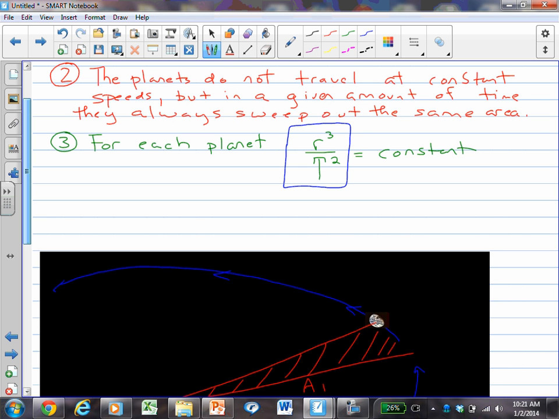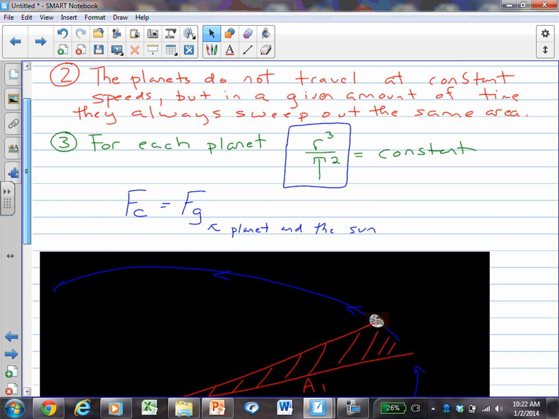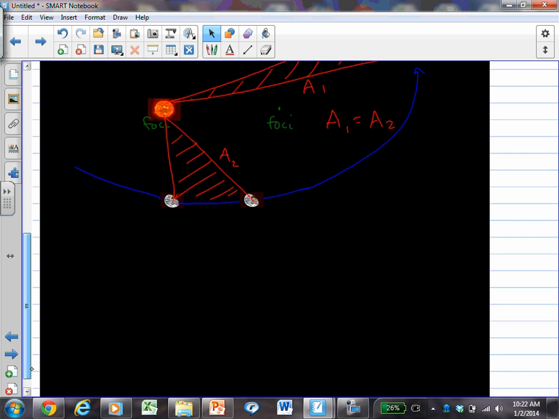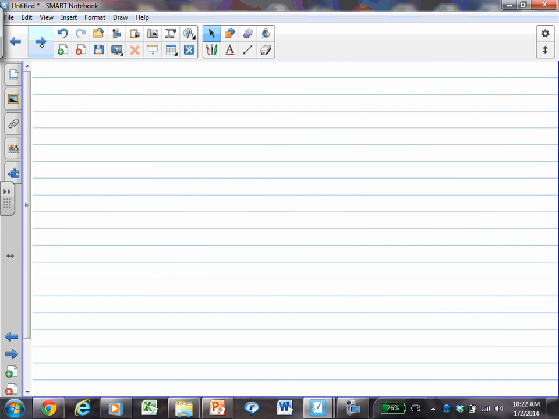He realized that it was based on the fact that the centripetal force keeping it, which is always a combination of other forces, was due to a gravitational force between the planet and the sun. So what was causing it to go around at a certain period, at a certain radius, was the centripetal force, and that centripetal force was the force of gravity, Fg. That was important to realize, because it will come into our equations of planetary motion.